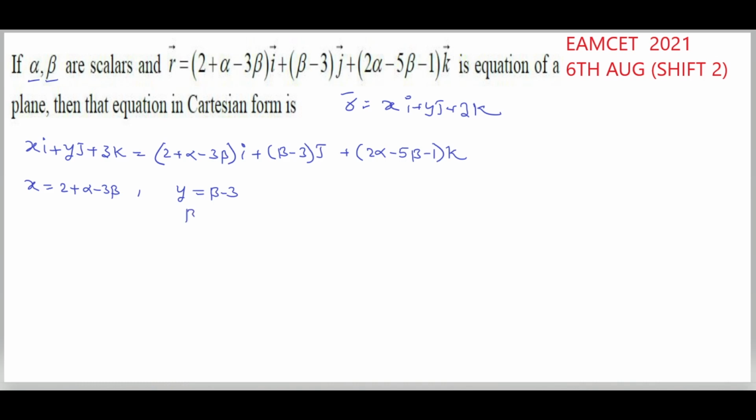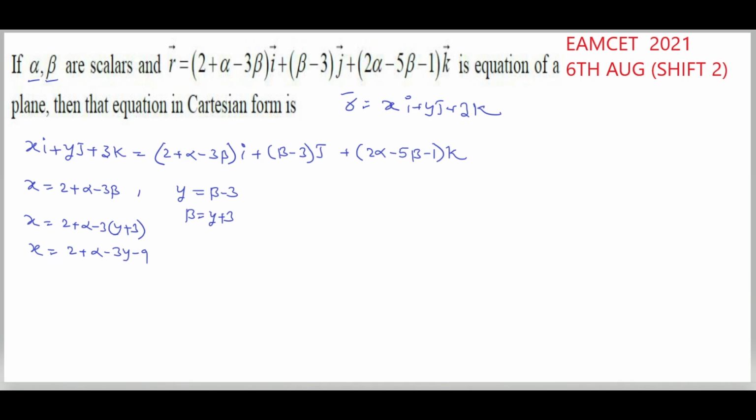From this, beta is equal to y plus 3. Substituting this value in the first equation, that is x is equal to 2 plus alpha minus 3 into beta, that is beta is y plus 3, x is equal to 2 plus alpha minus 3y minus 9.